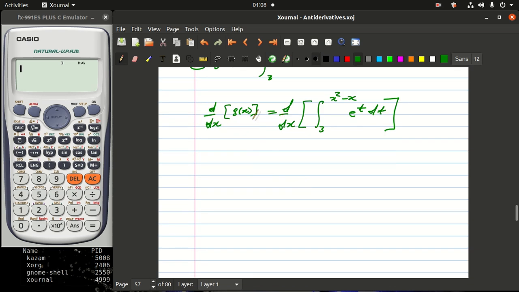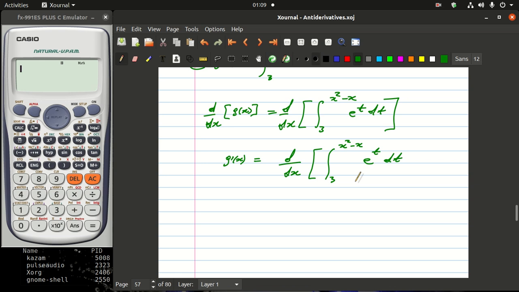One thing for sure, on the left hand side, I'm going to end up having g prime of x. On the right hand side, I am still going to have d dx, and inside here I am going to have a 3, then an x squared minus x, and then e to the t dt.